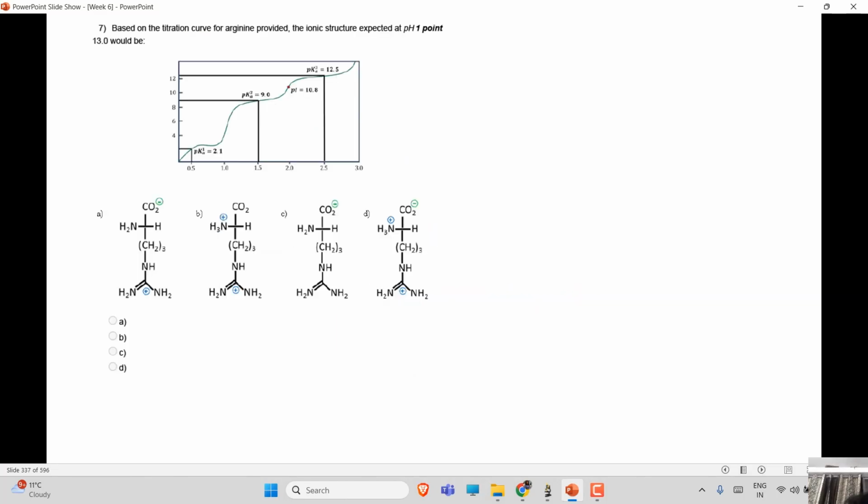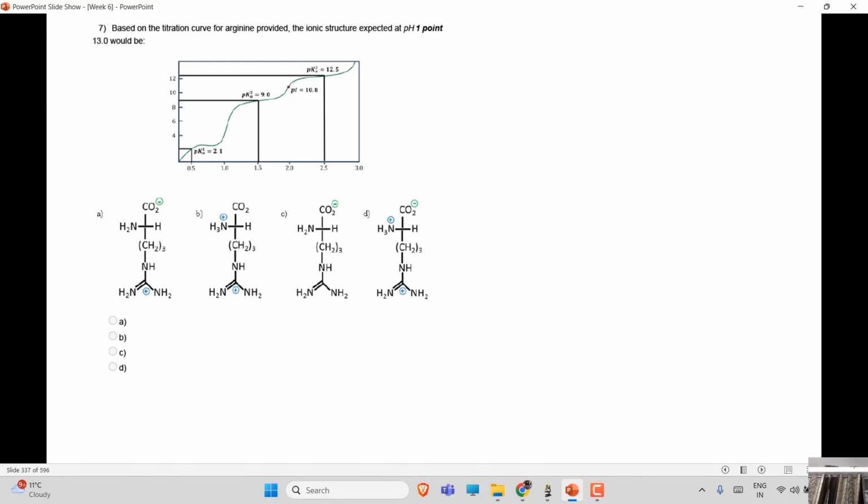So coming back to the question that we started with, arginine has three ionizable groups: the alpha carboxyl group with pK 2.17, the alpha amino group with pK 9.04, which refers to the protonated form NH3 plus, and the guanidinium side chain with pK 12.48.